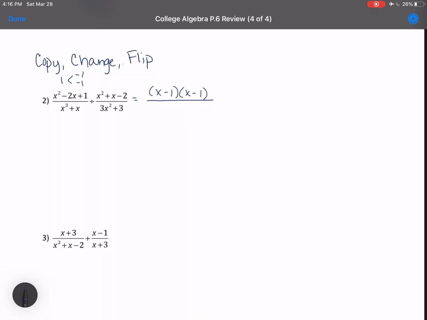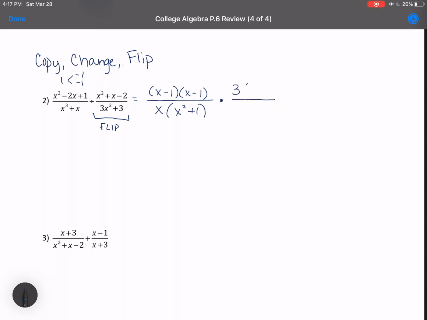Since we're adding and we only have two terms, the only thing we can do is GCF, which is x, and we're left with x squared plus 1. So now we're going to change to multiplication, and we're going to flip the second fraction. So if I look at this denominator, 3x squared plus 3, all we can do is a GCF of 3.